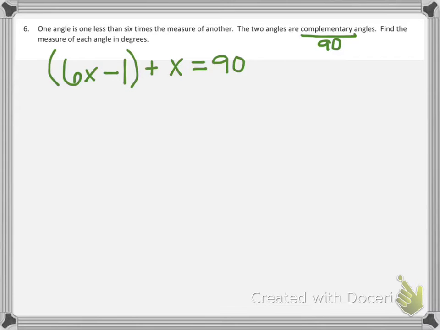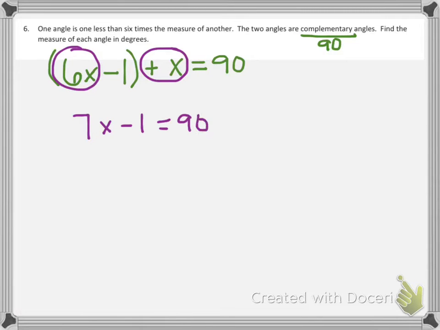All right, so now we can simplify. I have 6x and another positive 1x. That's 7x minus 1 equals 90. And then we can start to isolate. I will add 1 to undo subtraction. So we get 7x equals 91.